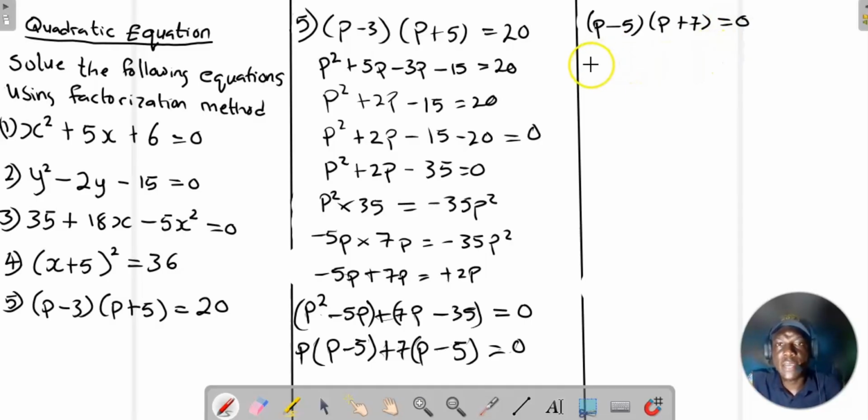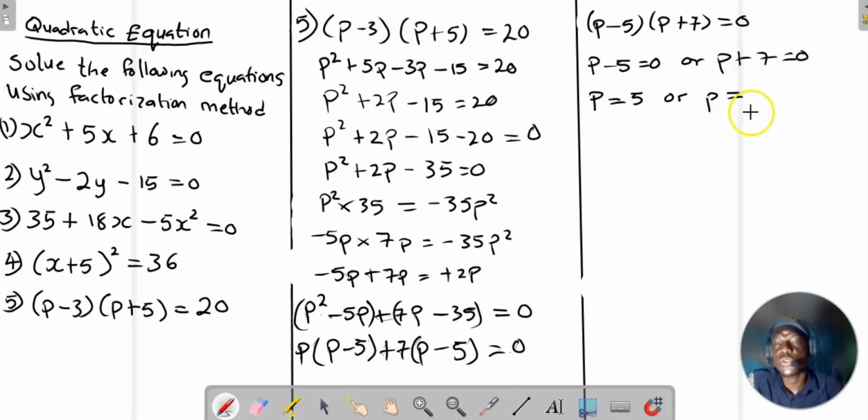So it's either p minus 5 is equal to 0 or p plus 7 is equal to 0. Let's make p the subject. When you cross minus 5 over to the other side, it becomes plus 5. p is equal to 5, or p is equal to minus 7, as plus 7 crosses over and becomes minus 7. So these are your final answers.